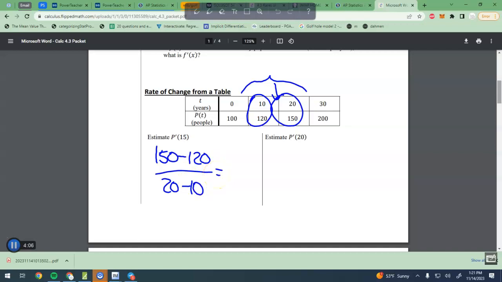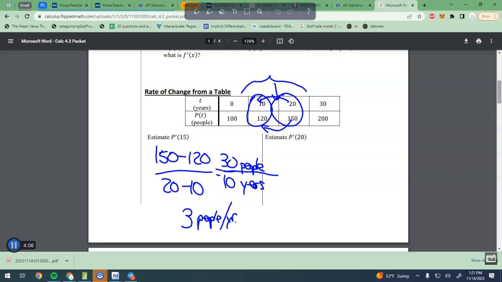I'm just doing y2 minus y1 divided by x2 minus x1. This would be 30 over 10. With the labels, 30 is people, 10 is years, so you could say that's 3 people per year. Is that okay for now?